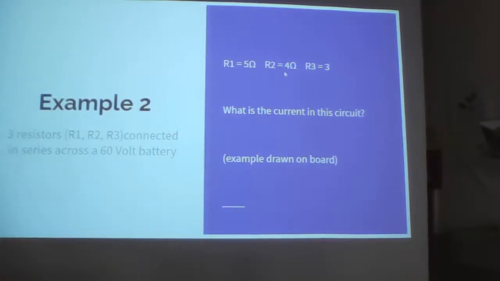We have 5 ohms, 4 ohms, 3 ohms. Let me put the ohms there. You can write in the ohms just as well as I can. So you guys know that's ohms because resistance 3 is going to be 3 ohms. And we want to find what the current is of this circuit.